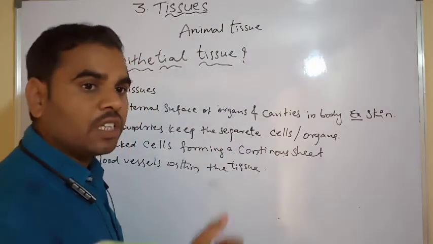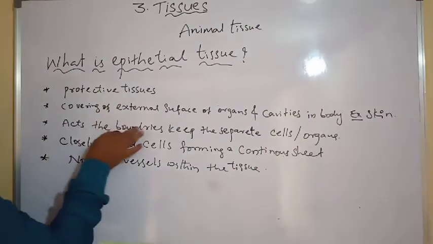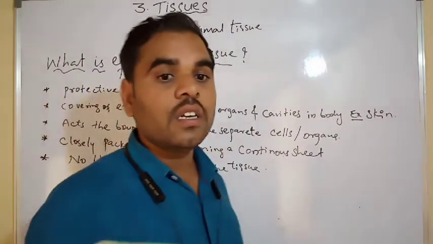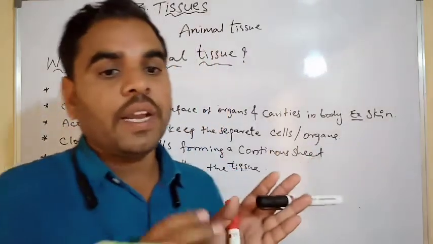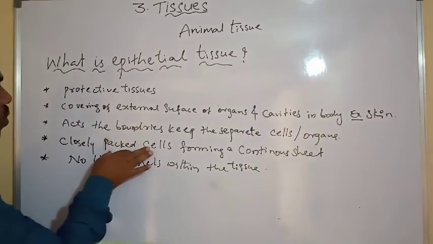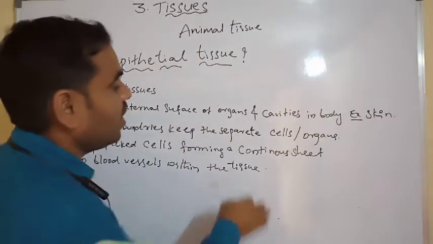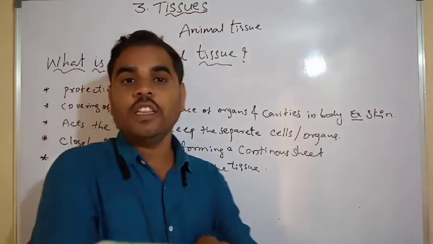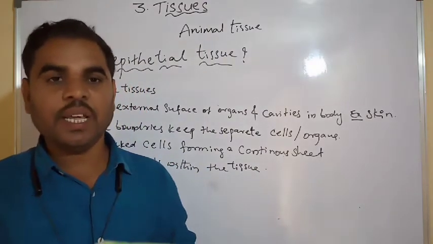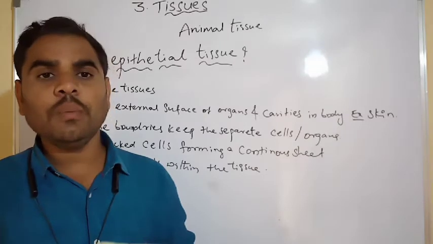For example, skin. Next, act as the boundary, keep the cells or organs separate. It is keeping the organ and organ system separate. Next, closely packed cells forming a continuous sheath. We have to see the external epidermis. It is closely packed.